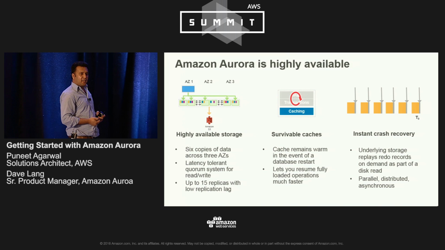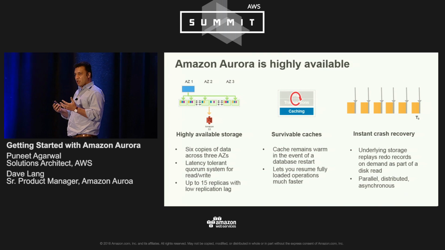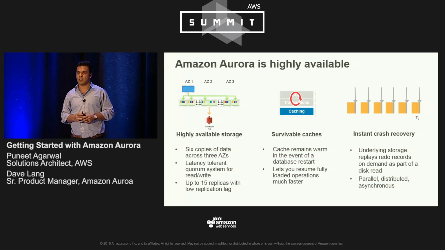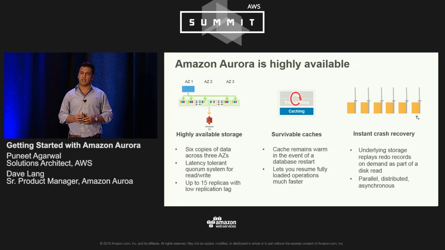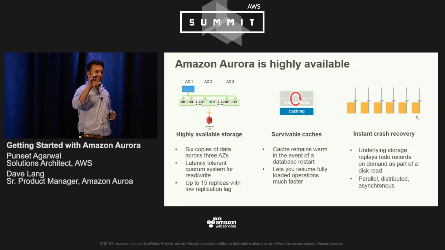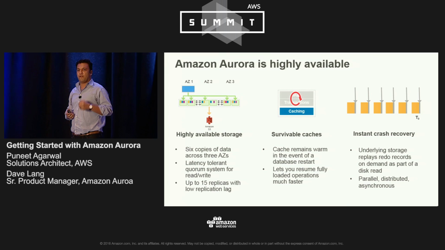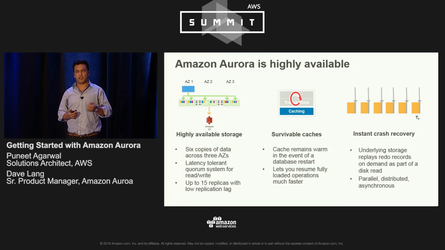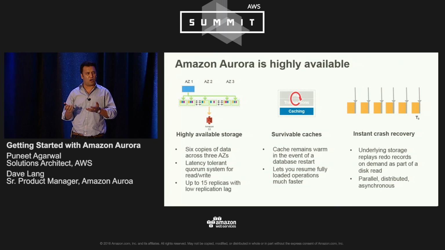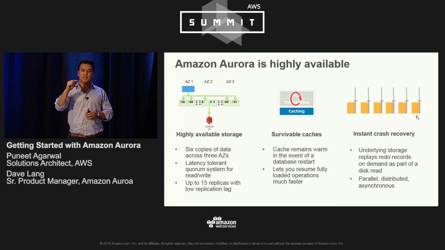Innovation on the caching side. When we were looking at different layers of the database and thinking about what layers to take out of the main process, caching was one of those layers. In case of Aurora, we separated the caching layer from the main database engine layer. And what that means is, if your database engine process crashes due to any reason, let's say a deadlock or some other issue, your cache process still remains there.